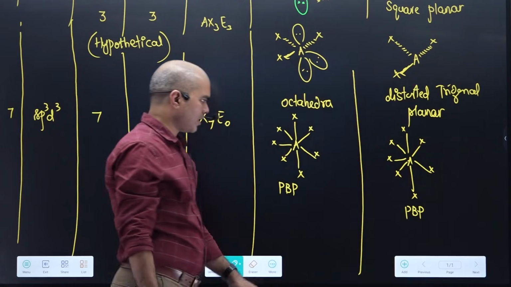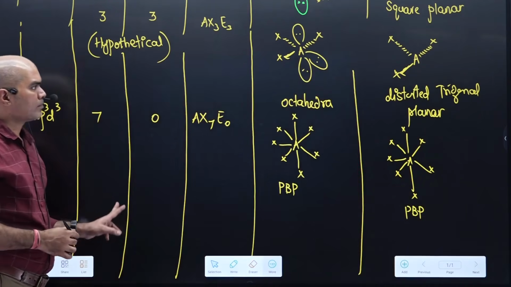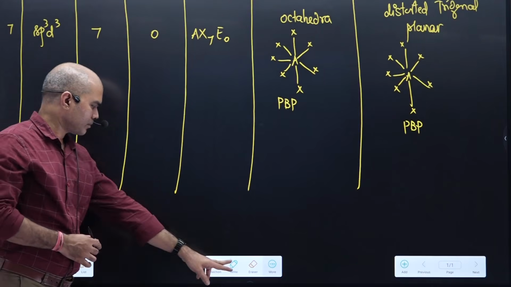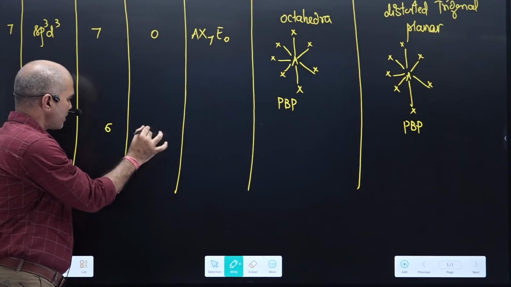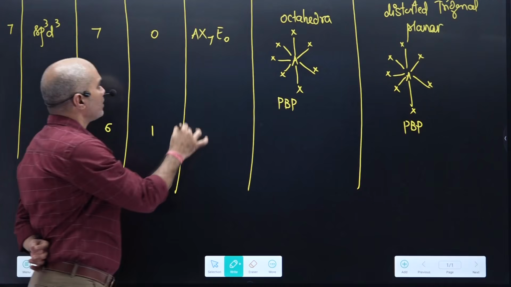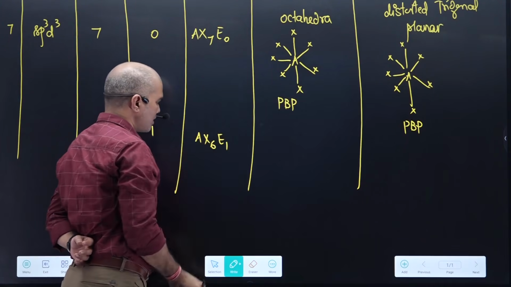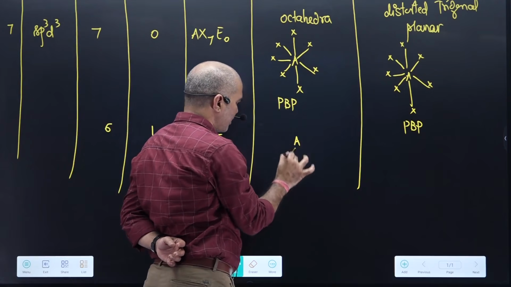PBP refers to pentagonal bipyramidal. Let me take the 6-1 combination. In 6-1 we have AX6E1, so any one of them I am converting into a lone pair.